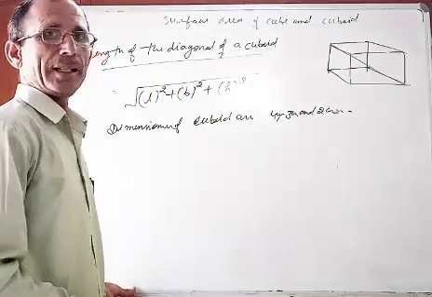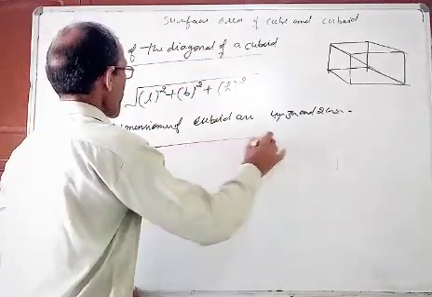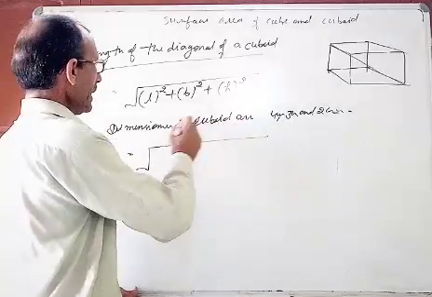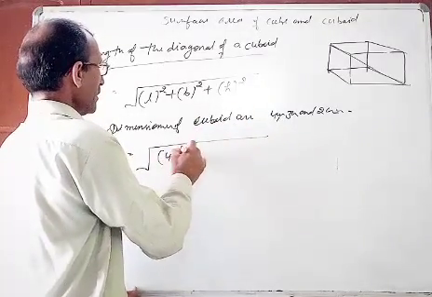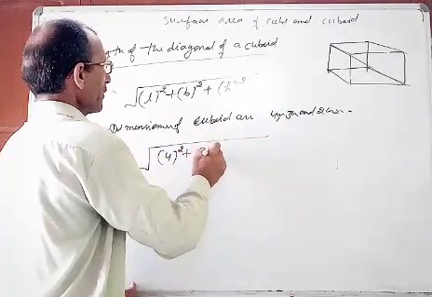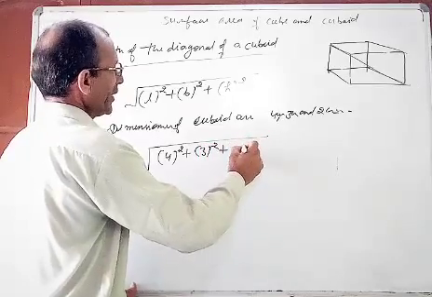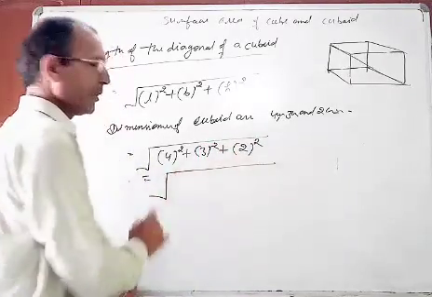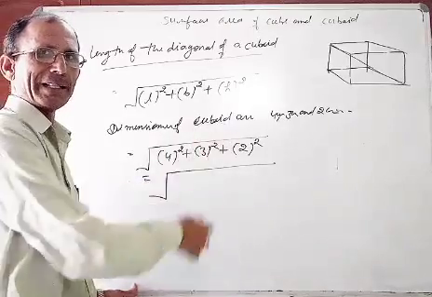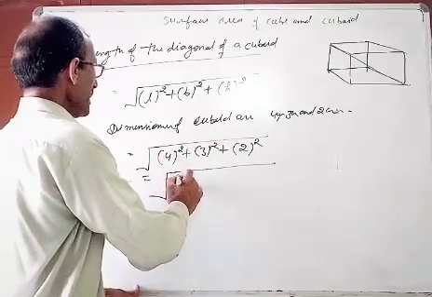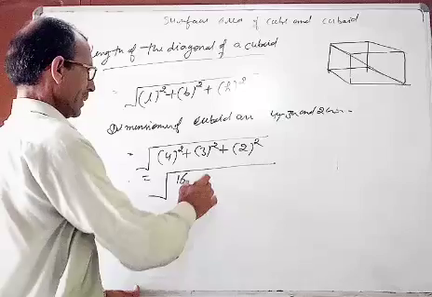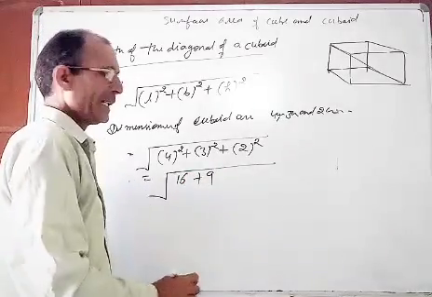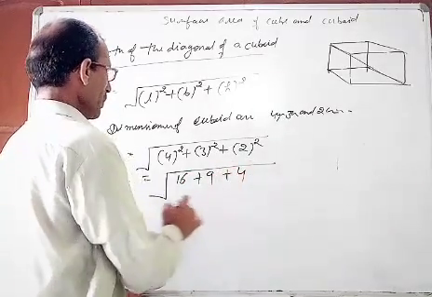So what will be the length of the diagonal? 4 square, breadth 3 square, height 2 square. According to the rule, first we solve what is given inside the root. 4 square means 16, 3 square means 9 and 2 square means 4.